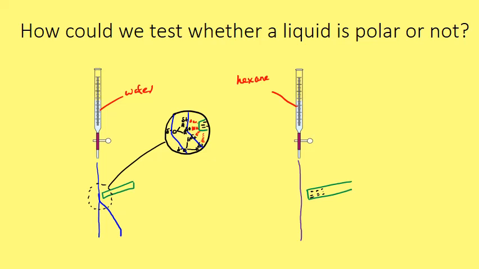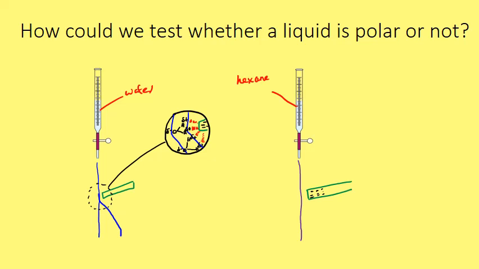Well, when we do this, we find that non-polar liquids like hexane do not become deflected by the charged rod, and that's evidence for the fact that they are not polar molecules. Hexane molecules are not polar molecules. So that's enough on permanent dipole-dipole forces.